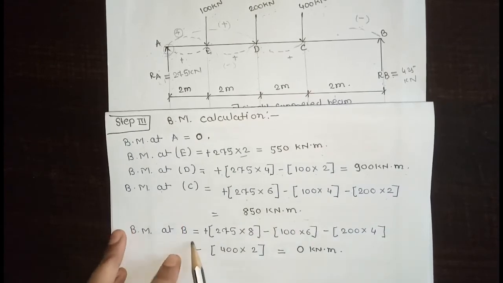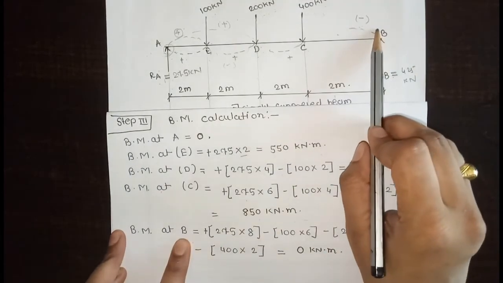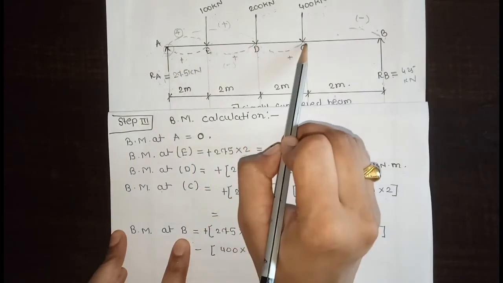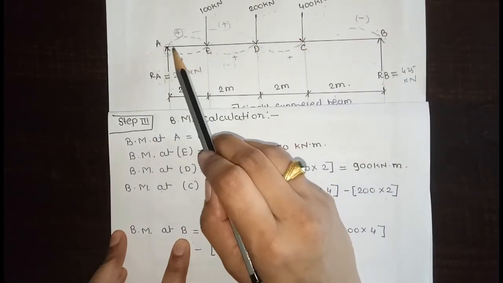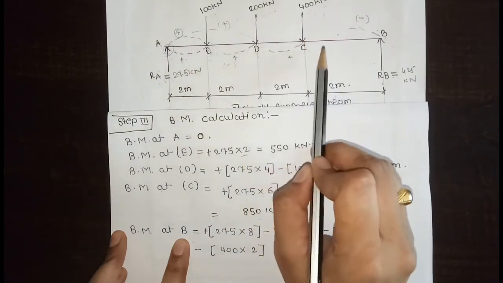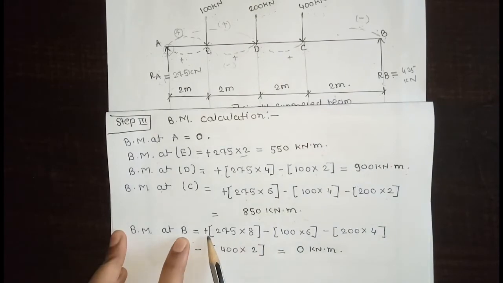Then bending moment at point B is equal to. How many forces are in the left section from point B? 1, 2, 3, 4. 4 forces are there. First force clockwise, other 3 forces rotating anti-clockwise. So first force plus, other 3 forces negative. 4 brackets are there.